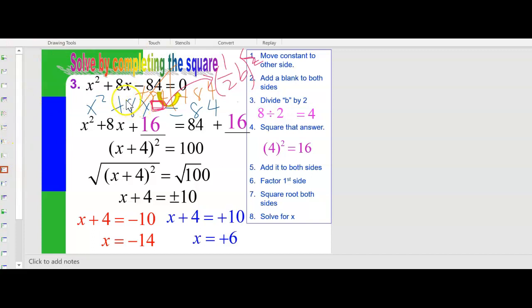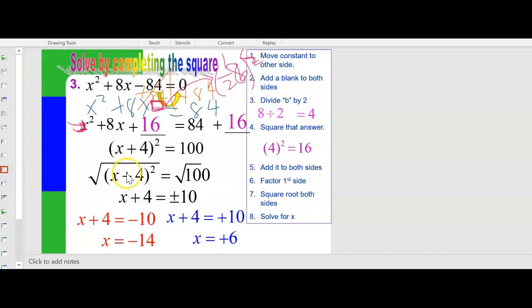Your b is 8. So 1/2 of 8 is 4. 4 squared is 16. So the single number you create is positive 16. So plus 16, and do the same on the other side of the equal sign. So plus 16 here. So this is where you get this next step.